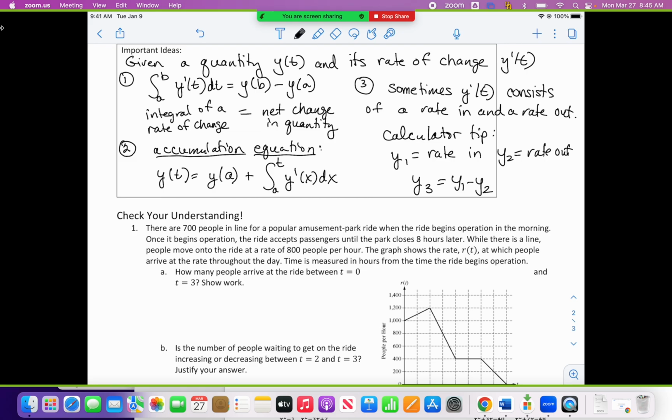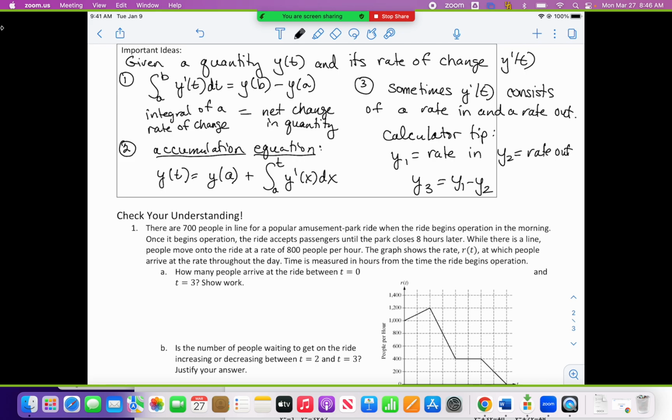The graph shows the rate R of t at which people arrive at the ride throughout the day. Time is measured in hours from the time the ride begins operation. So letter A says how many people arrive at the ride between t equals 0 and t equals 3. So you have a graph this time.